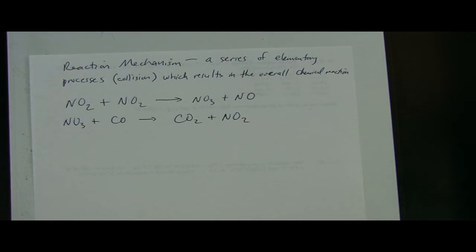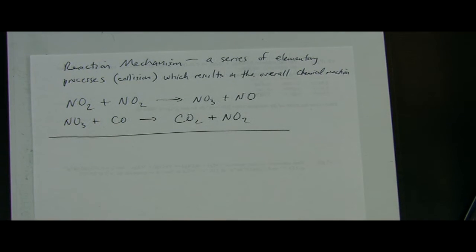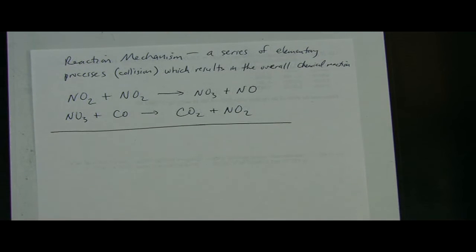When you're given a mechanism like this, you need to be able to figure out what the overall chemical reaction is. What is the total chemical reaction that we would write if we're doing a stoichiometry problem? What is the reaction that results from this two-step mechanism?